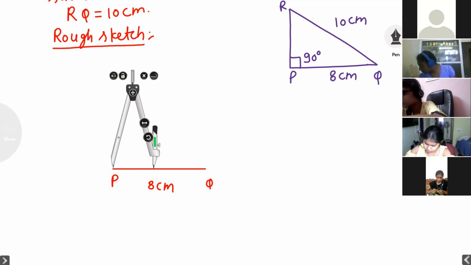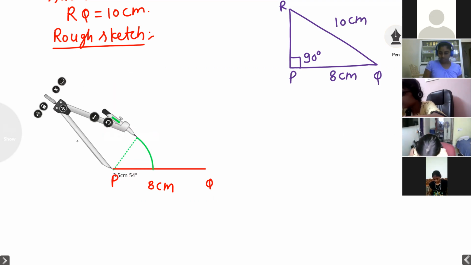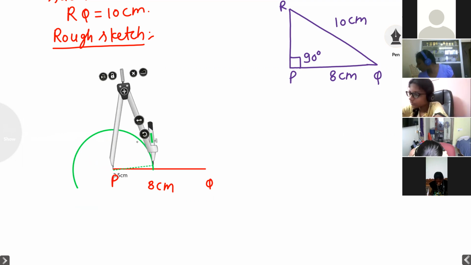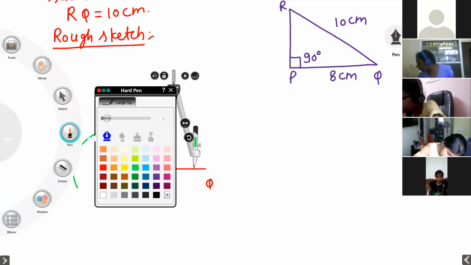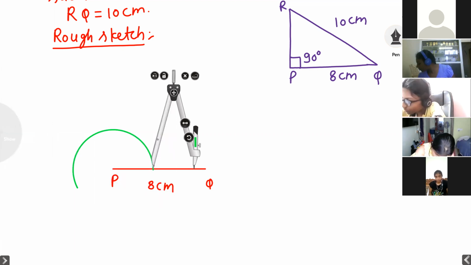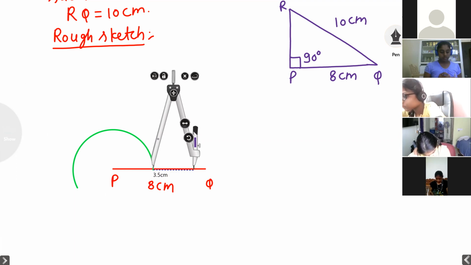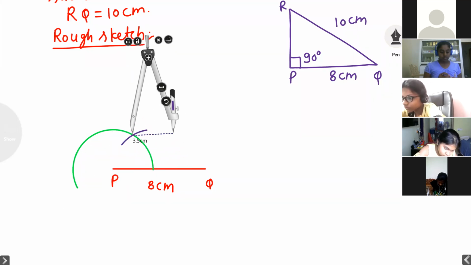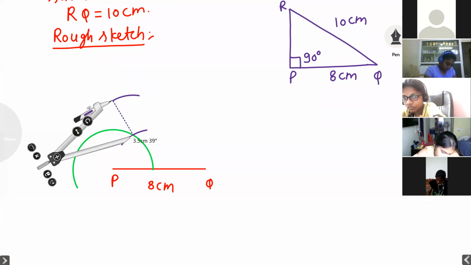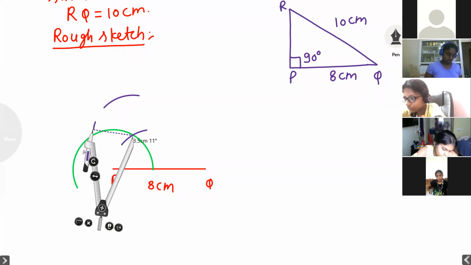Now I am going to construct 90-degree angle. First arc, second arc, third arc.